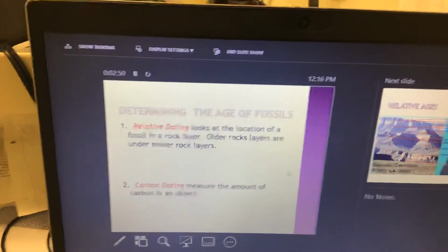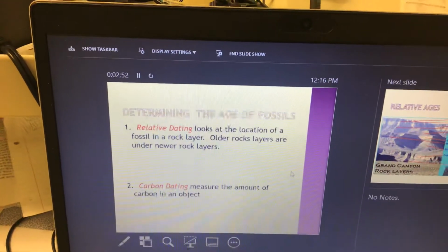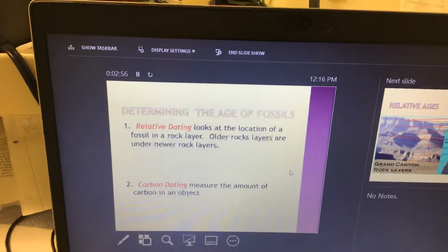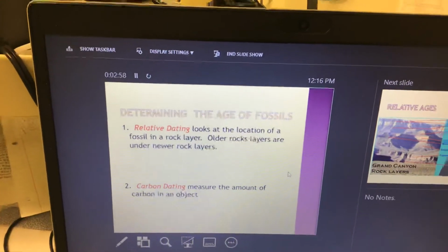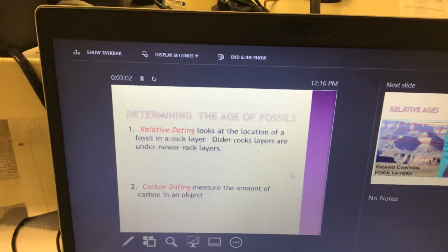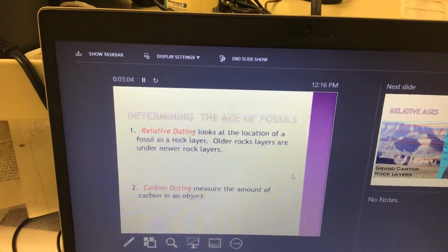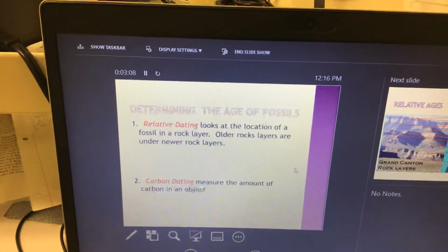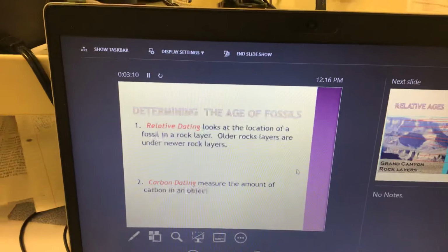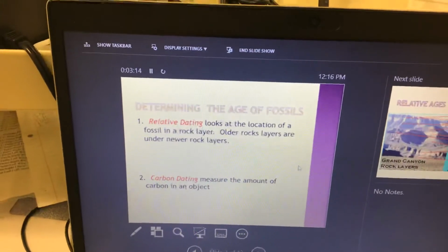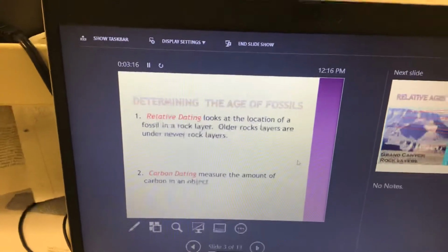And if we buried you and looked at you 5,000 years from now, a bunch of the carbon would be gone. It would have gone back into the soil. And we can determine how old your skeleton would be based on how much is left. So carbon dating, they do this a lot with petrified trees, old tree stumps and things. You can determine how old it is by how much carbon is left in it.